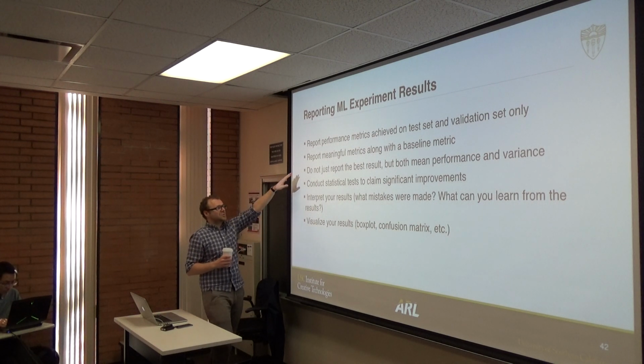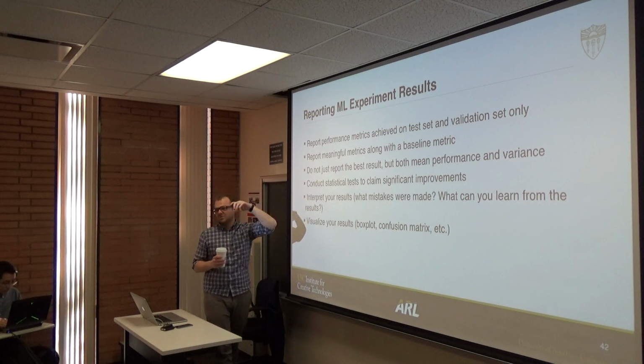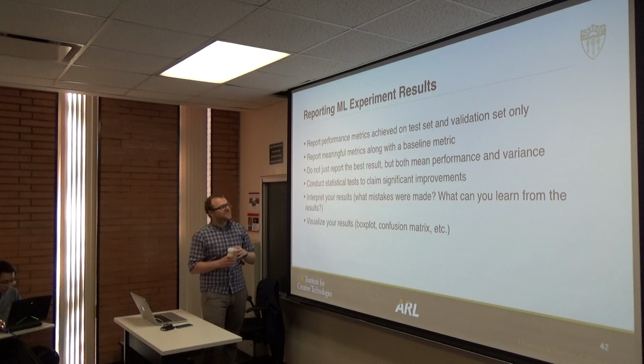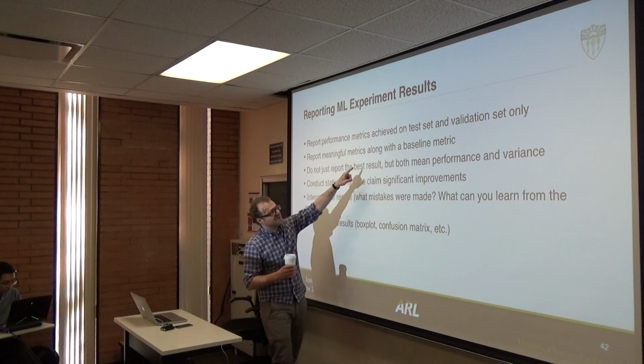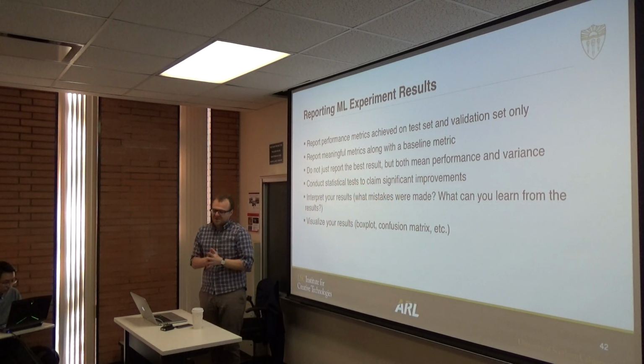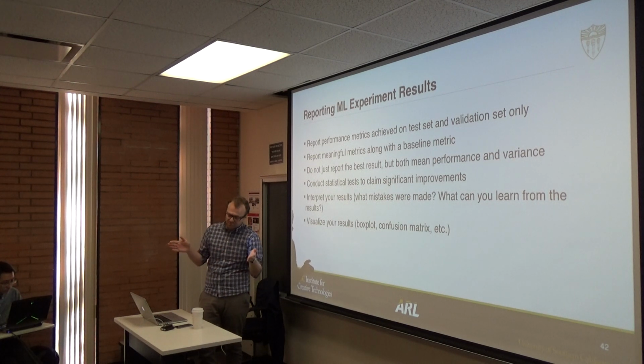And we need to choose meaningful metrics, so don't choose accuracy if accuracy doesn't mean anything for the experiment. And we need to report a baseline metric. The baseline metric could be as simple as the prevalence of a certain class in my data set. So in my depression experiments, if I always say no, the person is not depressed, my baseline could be 80% correct, right?